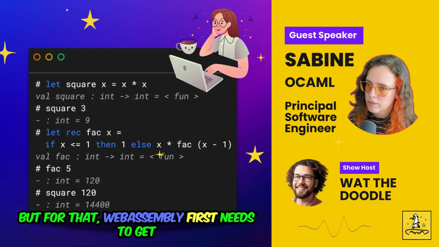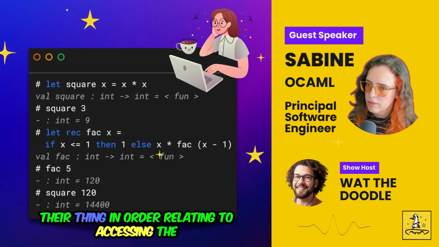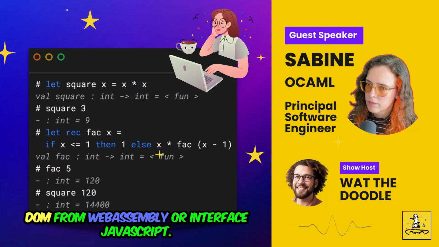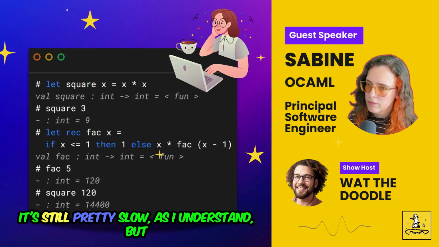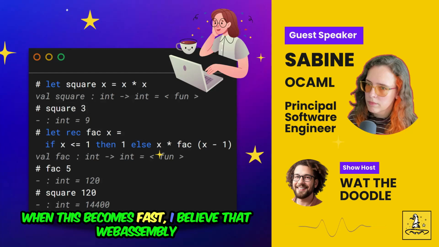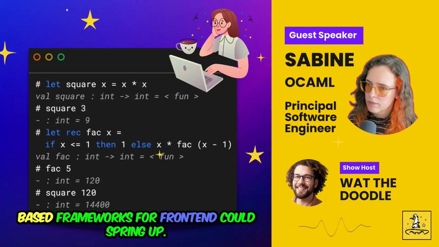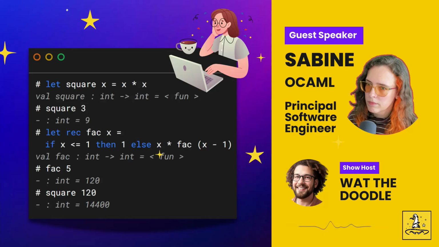But for that, WebAssembly first needs to get their thing in order relating to accessing the DOM from WebAssembly, or interfacing with JavaScript. It's still pretty slow, as I understand. But when this becomes fast, I believe that WebAssembly-based frameworks for frontend could spring up.